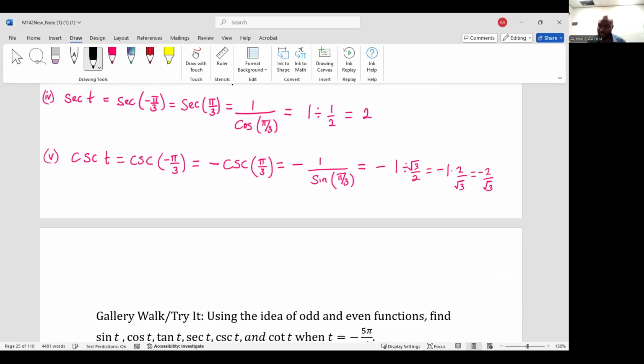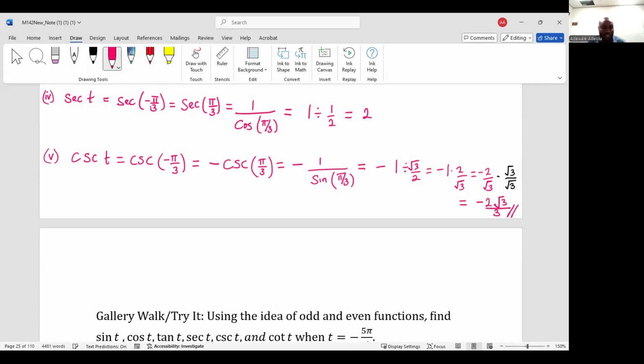Now we need to rationalize the denominator because we cannot leave our answer in that form. We do not want the radical at the denominator. So this is negative 2 root 3 over 3.